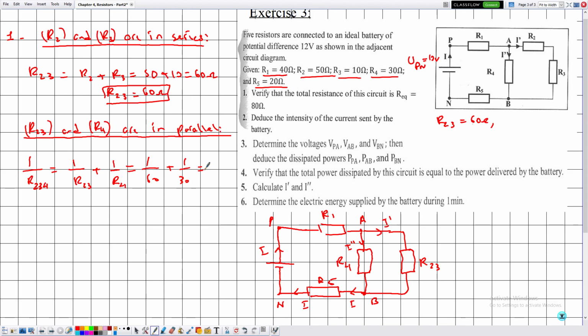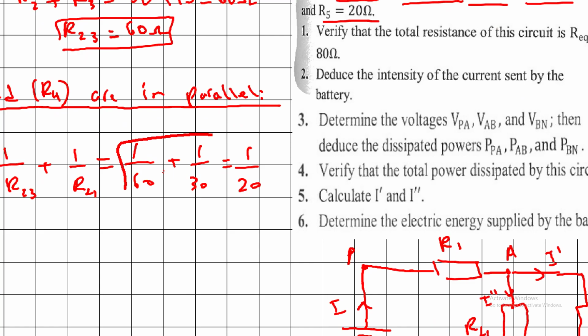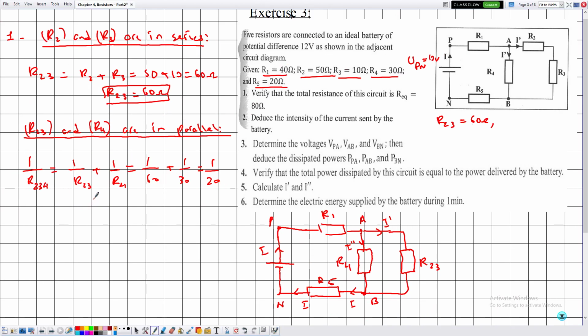Now adding these two fractions on the calculator, which is equal to 1 over 20, we are considering the common denominator and the simplest form. Therefore 1 over R234 is equal to 1 over 20, which means that R234 is equal to 20 ohms.